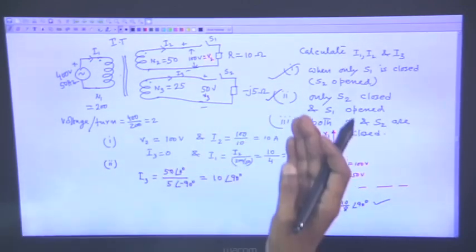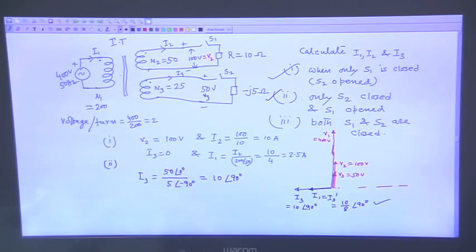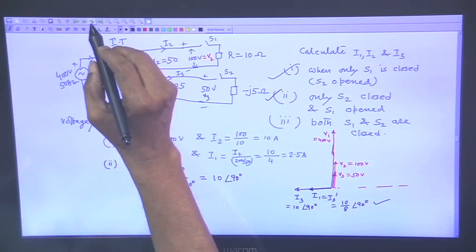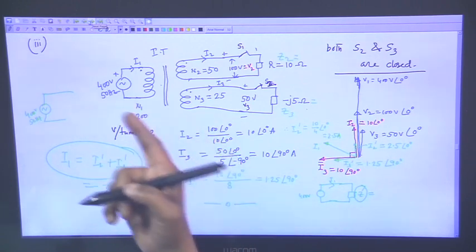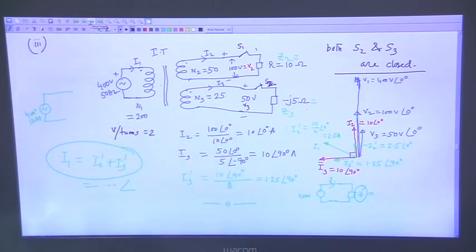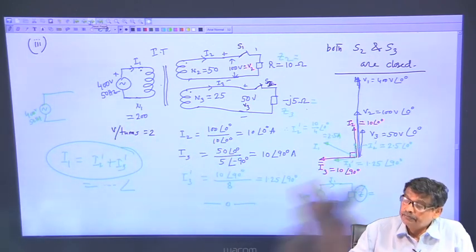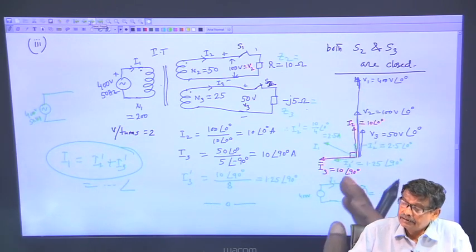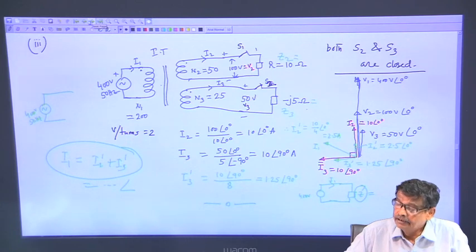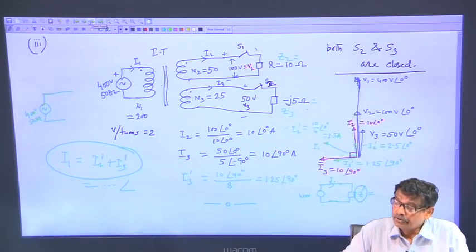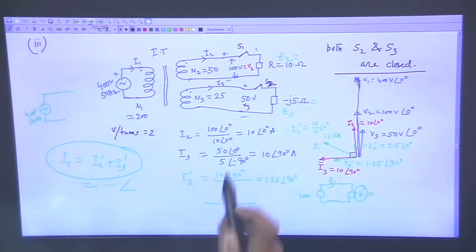So, part 1 and part 2 of the problem were simple, but part 3 was a little bit involved, in the sense that both the switches are closed, how to calculate the currents. Then I told you that if V 1 is known, then V 2, V 3, all the voltages will be cophasal, and they are all shown on the vertical lines.